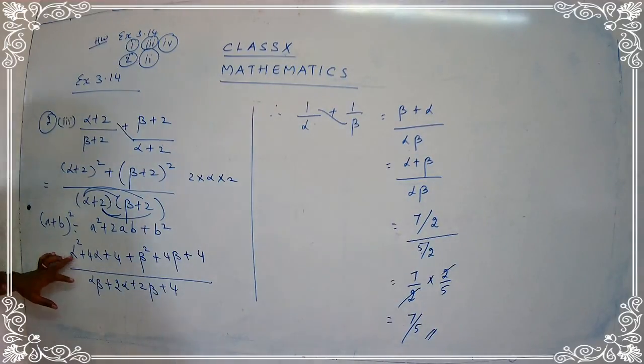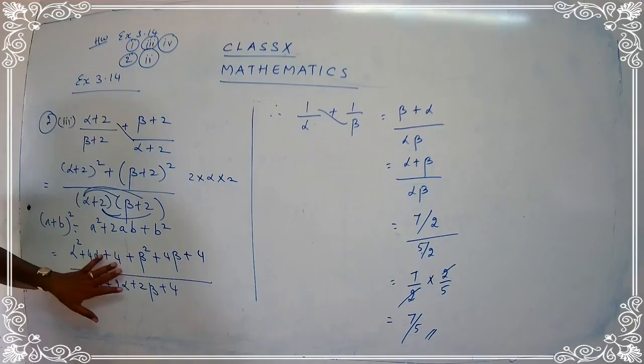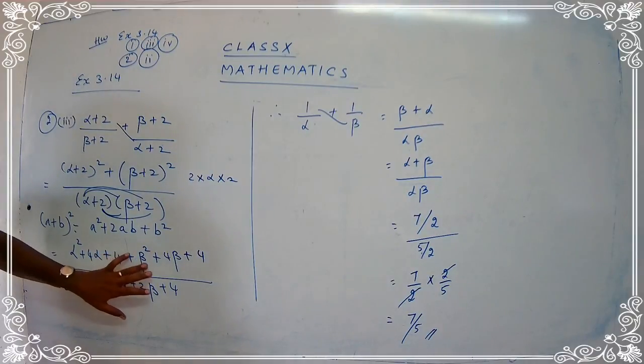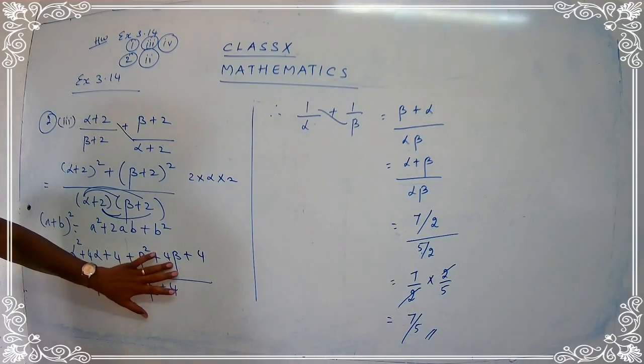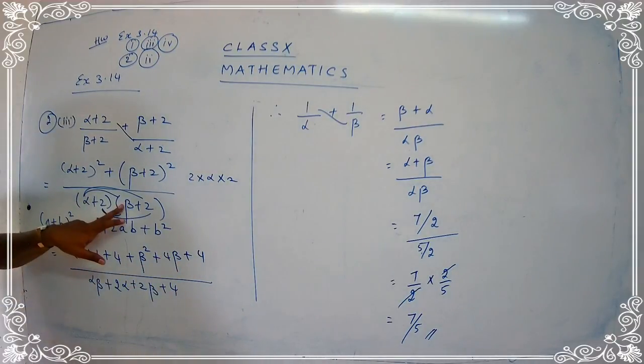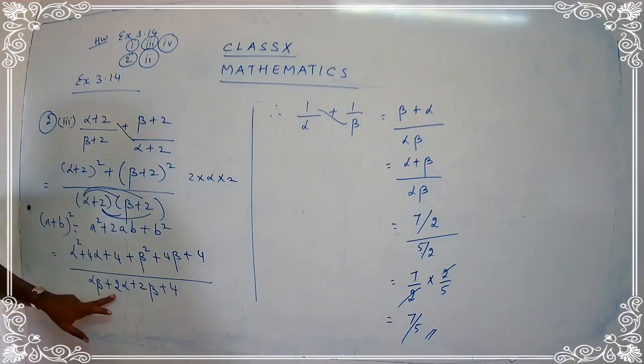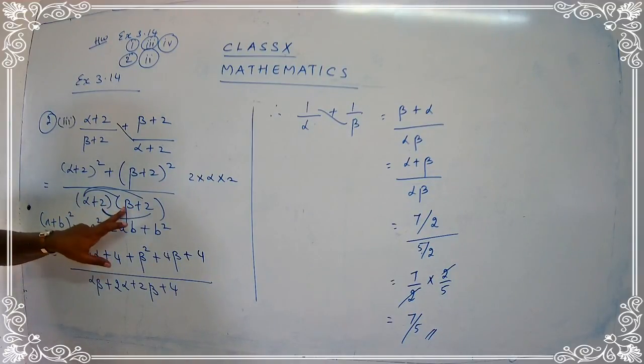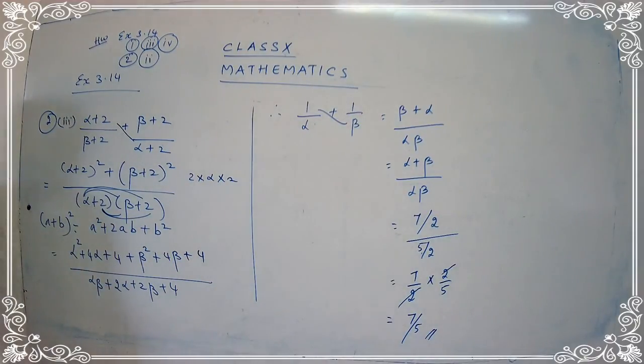Alpha square plus 4 alpha plus 4 plus beta square plus 4 beta plus 4 upon alpha into beta, alpha beta, alpha into 2, 2 alpha, 2 into beta, 2 beta, 2 2s are 4. Clear? Okay, so now what we are going to do is group them up. Let's group it.